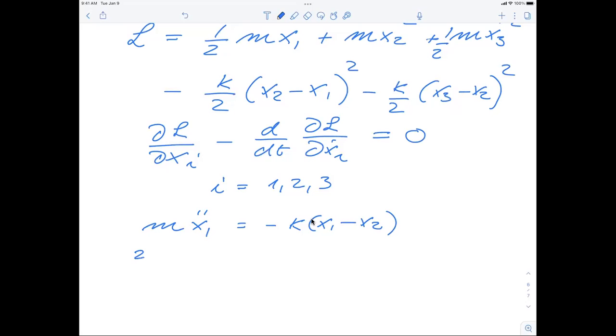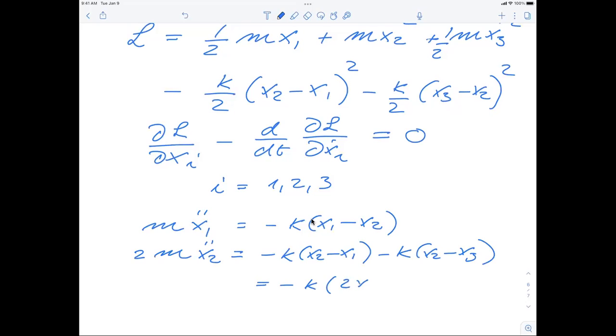I'm going to get that 2 times m times x2 double dot, the second derivative, is simply minus k times x2 minus x1 minus k times x2 minus x3. That's the next term. And we can just rewrite that as minus k times 2 times x2 minus x1 minus x3.